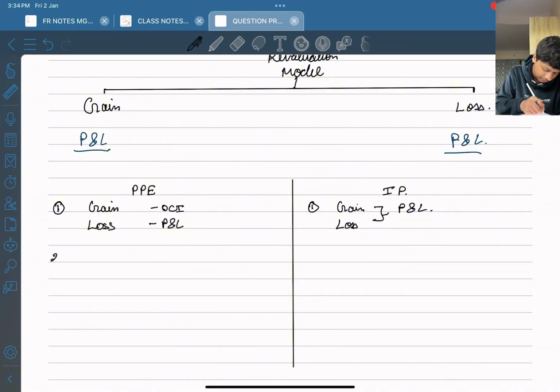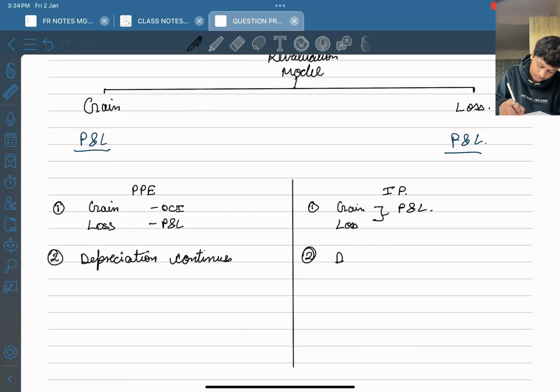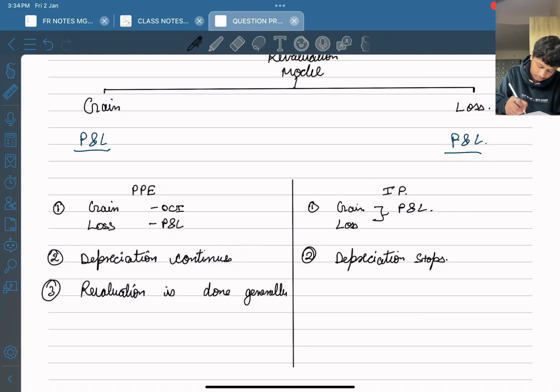Second, in PPE depreciation continues. In investment property under the fair value model, depreciation stops. Revaluation in PPE is done generally in 2 or 3 years.